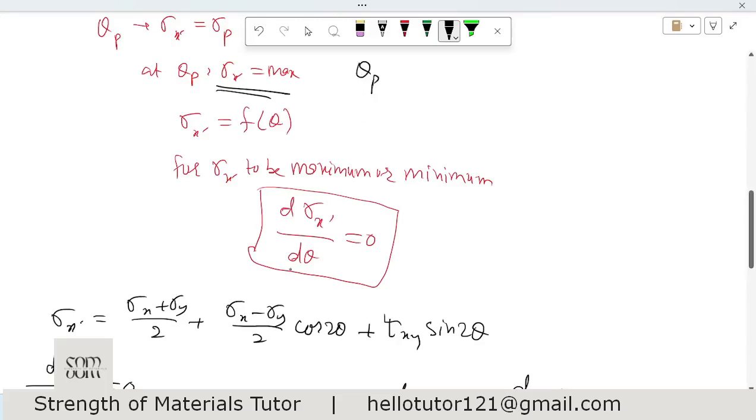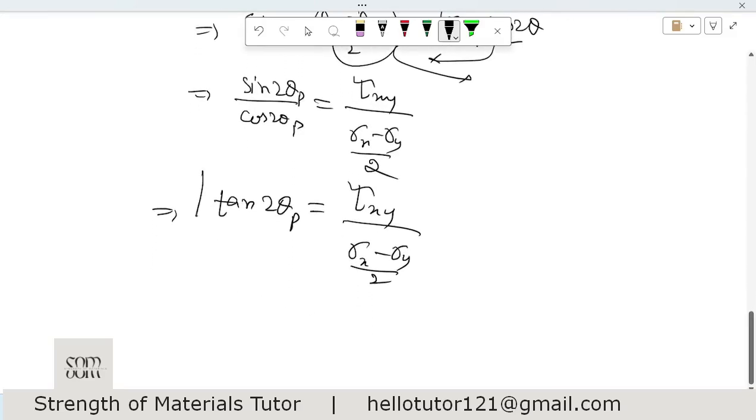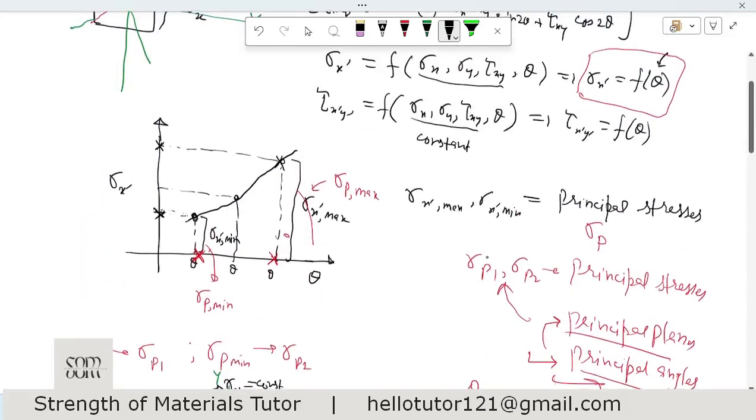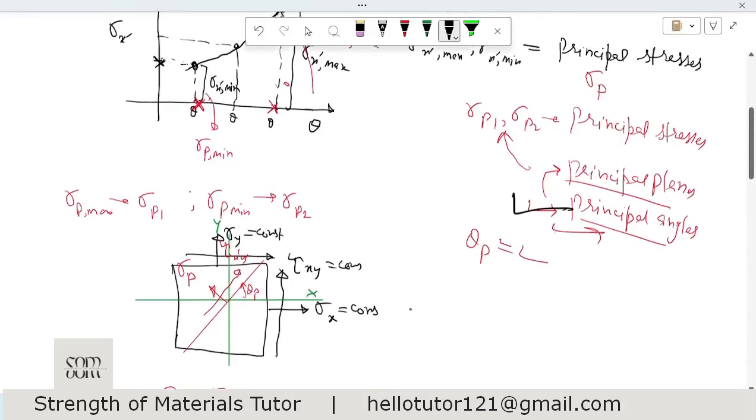So this theta is basically theta p. Now sine 2 theta divided by cos 2 theta is tangent of 2 theta, which is tau xy divided by sigma x minus sigma y by 2. So we found the value of theta, the principal angle.